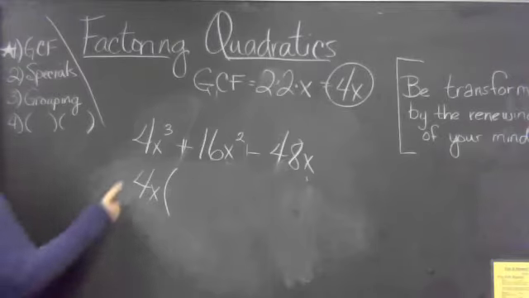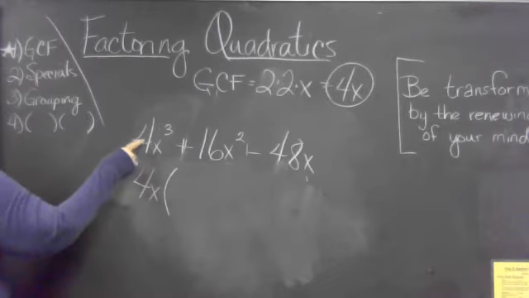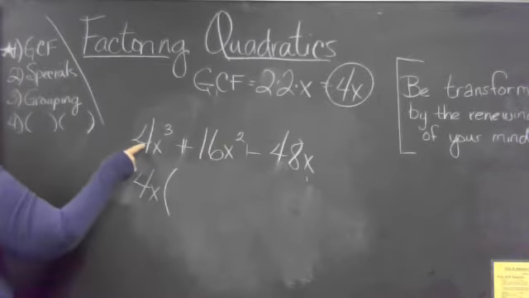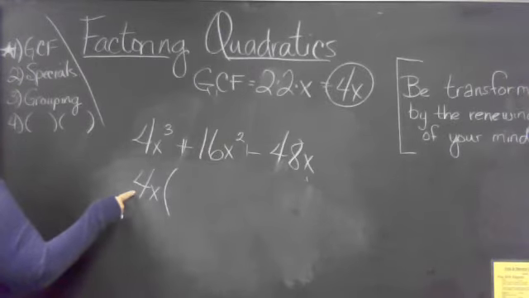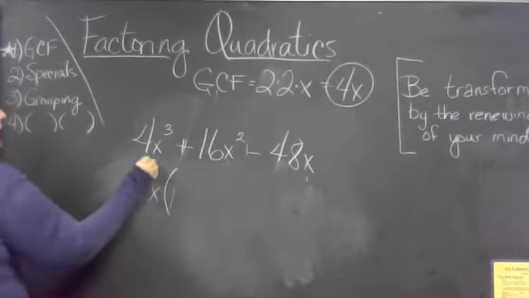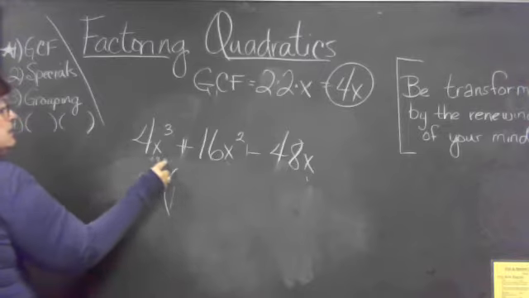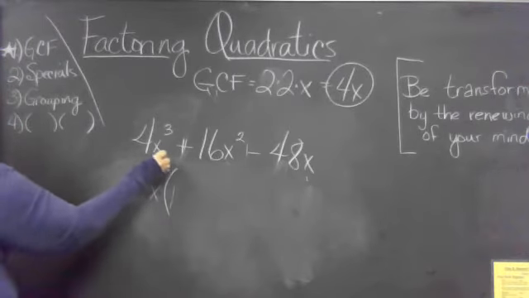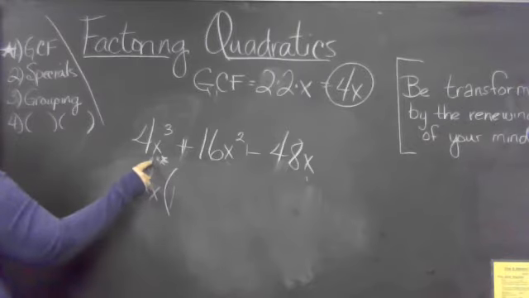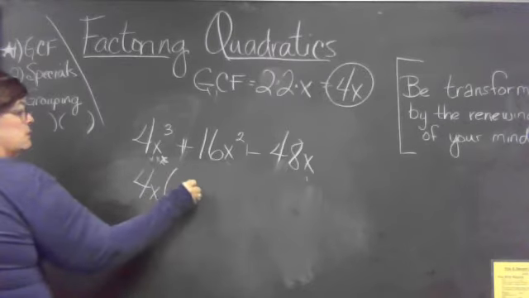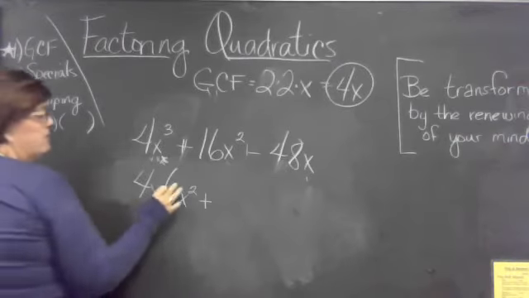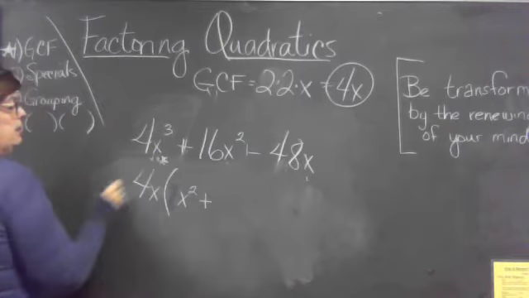If I had a 4 here, this is the original, and I want to divide a 4 out, the original 4 divided by 4 is 1. We use it as an invisible one. But also look, I had an x times x times x here, and I divided an x out. So now I only have x squared left. Do y'all understand what I'm putting here? Yes? Okay. And then we use the signs that were given, a plus.